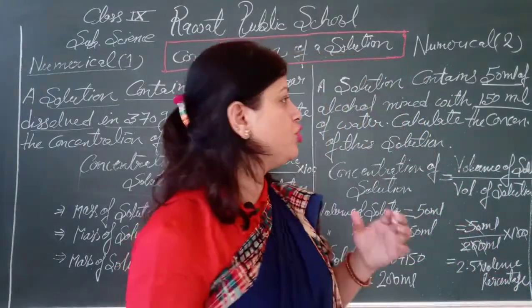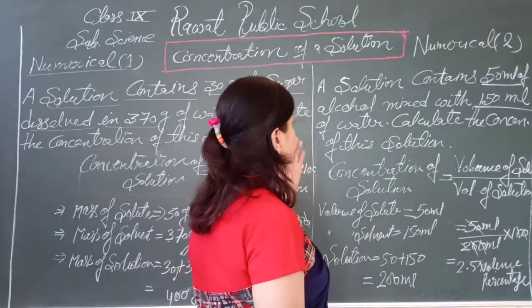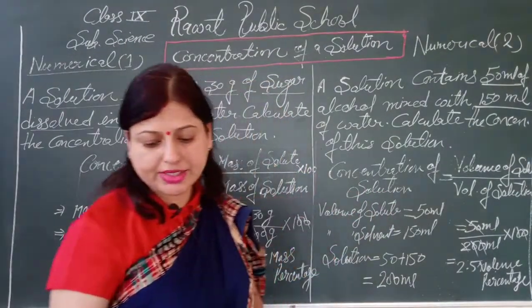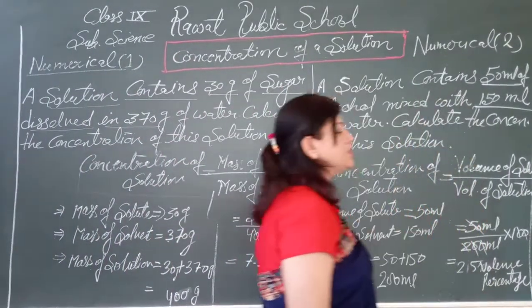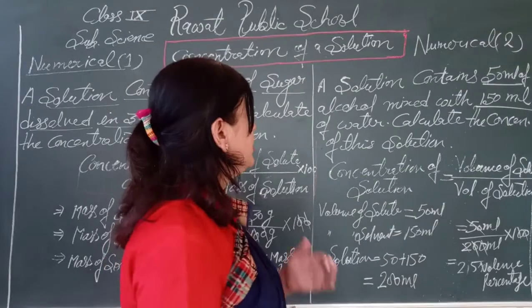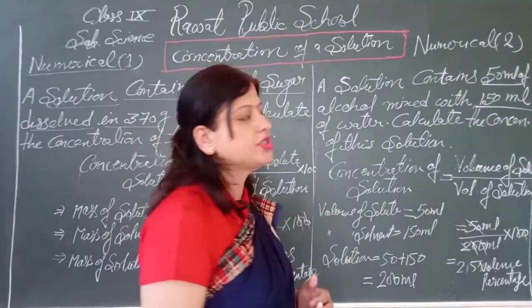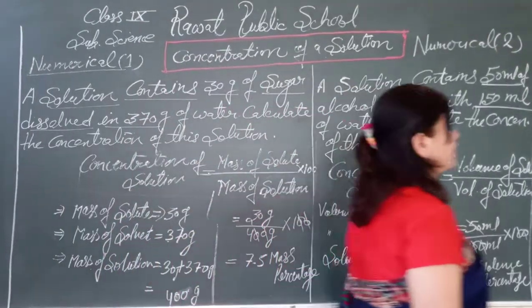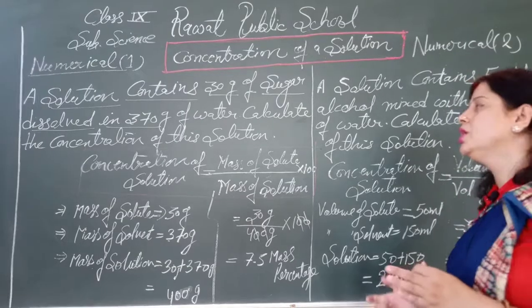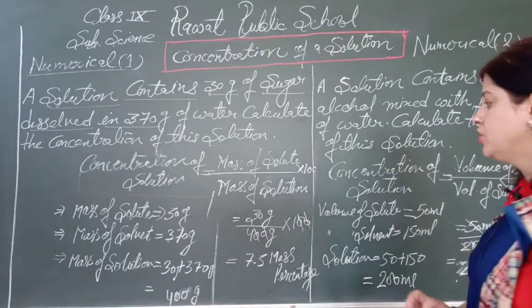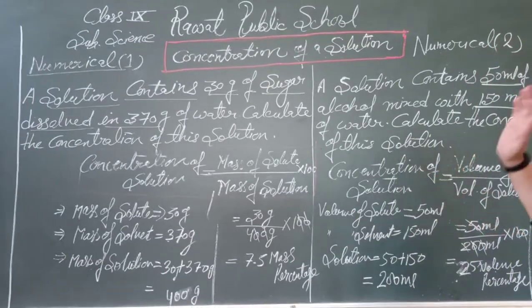In this liquid, 2.5 alcohol is present. Sorry, this is not 2.5, this is 25. 25 alcohol is present in this solution. When we divide 50 by 2, the answer is 25. So 25 volume percentage, 25 alcohol is present in this solution.